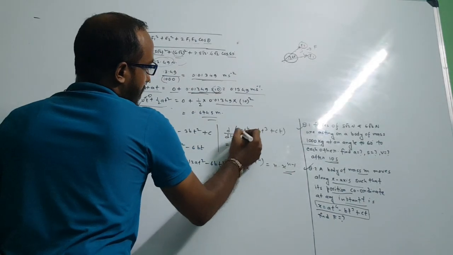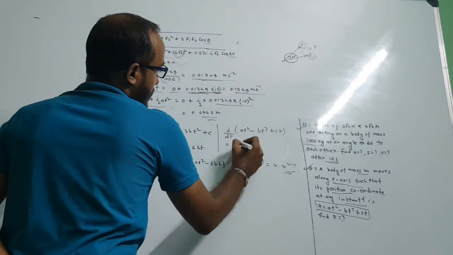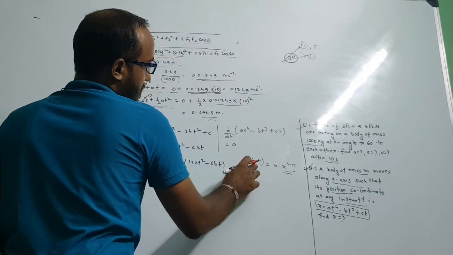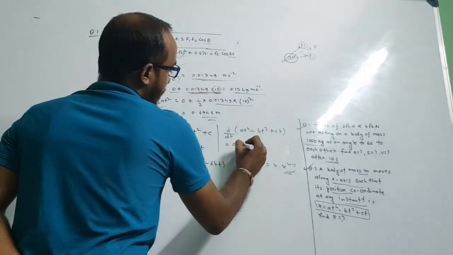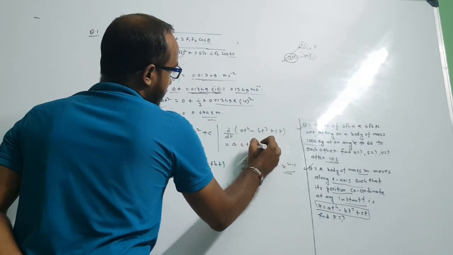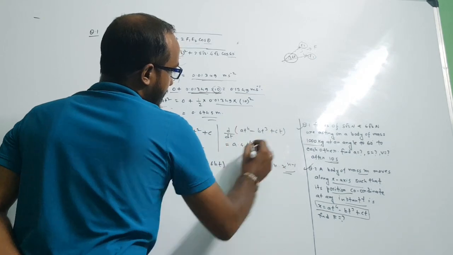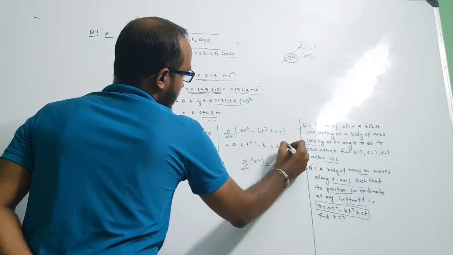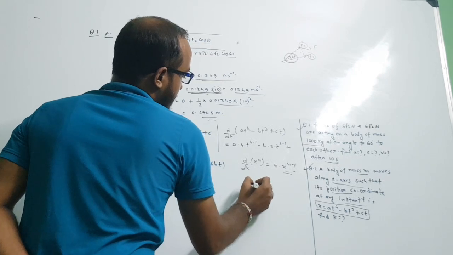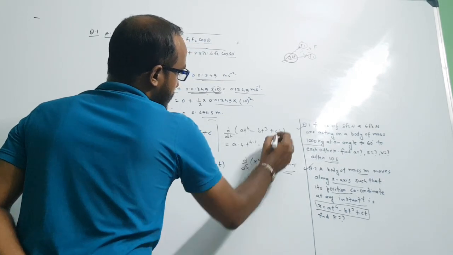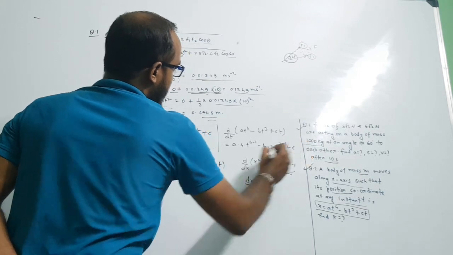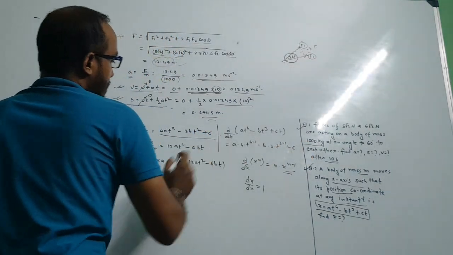So here t to the power 4, a is constant, so keep outside. Consider this as t to the power 4, so it would be 4 into t to the power 4 minus 1. Minus b is constant, keep outside. Now this would be 3 into t to the power 3 minus 1, plus dt by dt is your 1, c is there, so it will be c. See, after calculation you will get this.